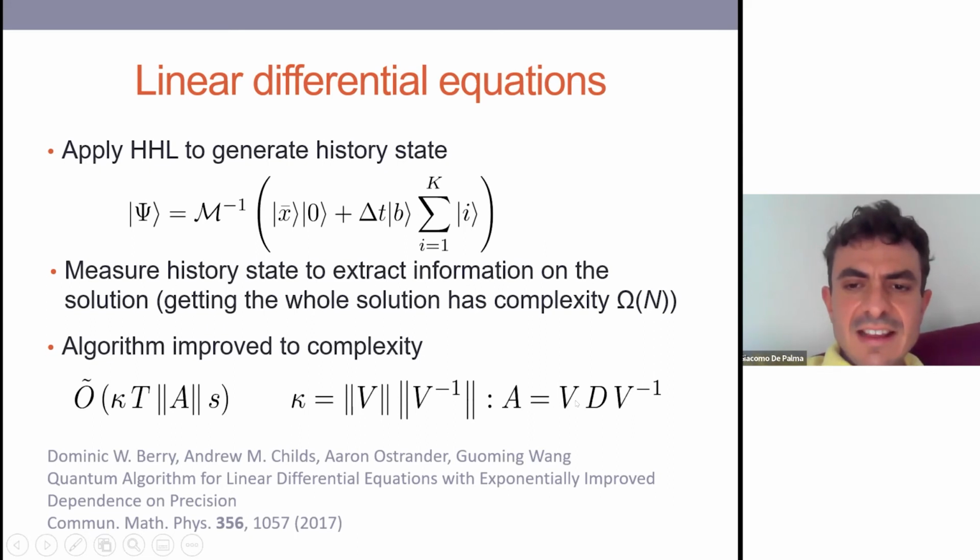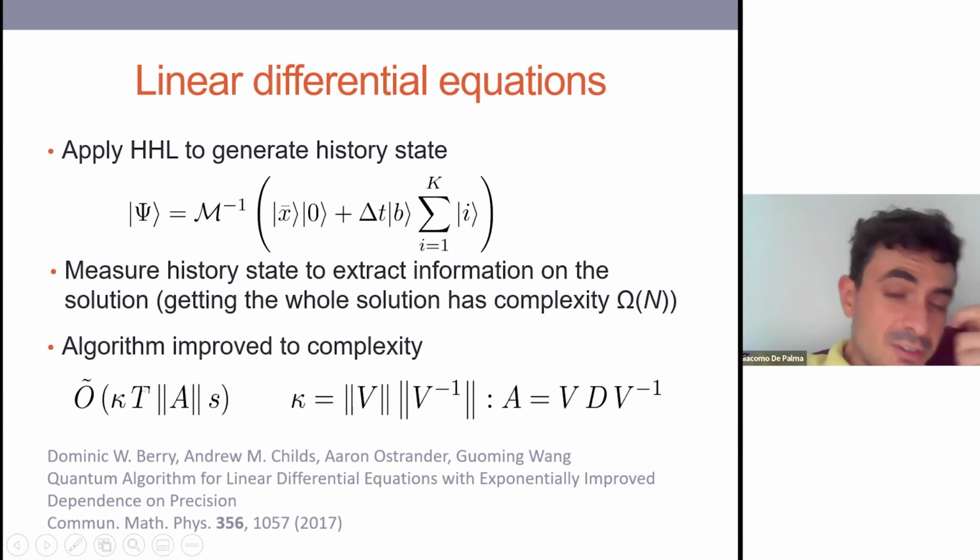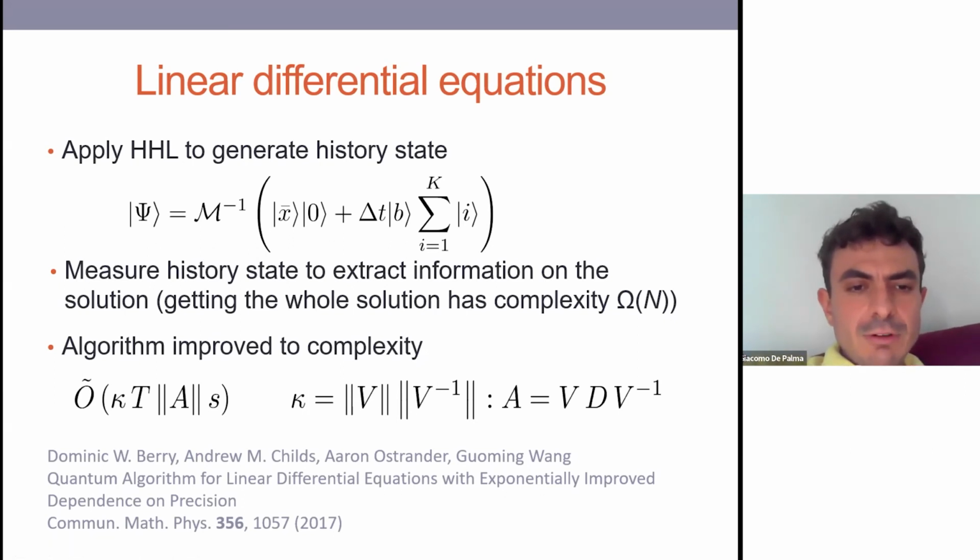Let's say that we can diagonalize A with this invertible matrix V, and kappa is the condition number of V, of this V that's needed to diagonalize A. So kappa is not the condition number of A. The runtime is proportional to this condition number of V. It's proportional to the time for which we want to simulate the differential equation. It's proportional to the operator norm of A and to the sparsity of A. And you can find all the details of this refined version of the algorithm in this paper.